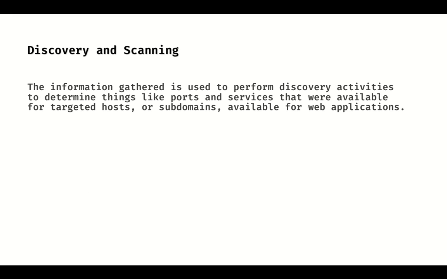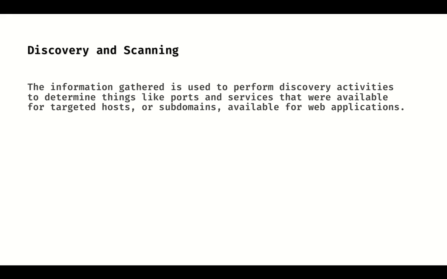All right, we have discovery and scanning. This is also a very crucial step because what you discover and scan through the network or web app determines the kind of vulnerability that you can exploit from it. Because if a system is not running any services, as for network penetration testing, it will be so hard for you to break into it as long as it's not running a service or a port or anything.